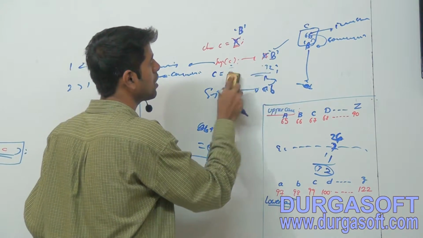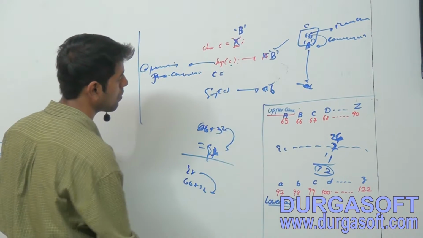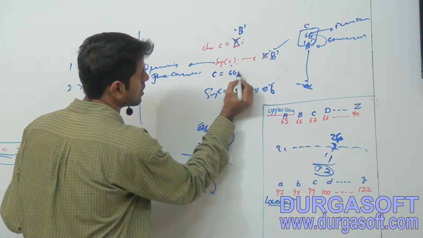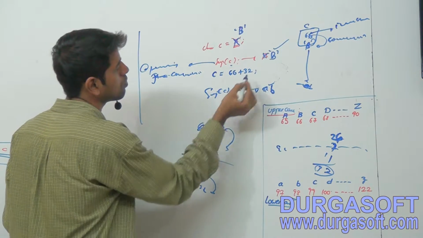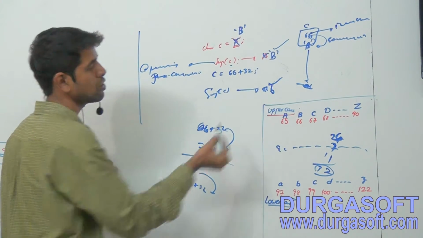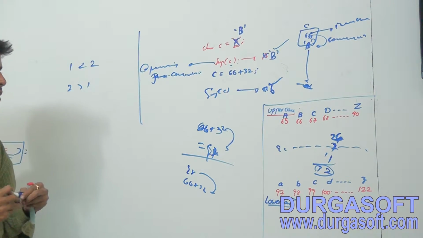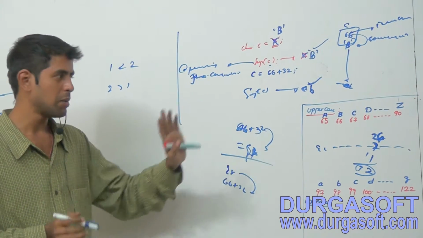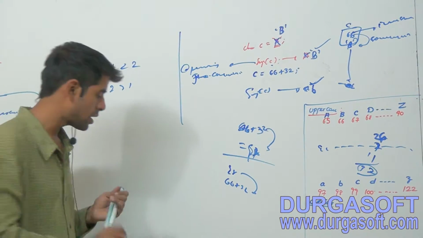Now observe here, what I am going to do, friends: 66 plus 32, both are the same. If I print, it will give small b. In that way you can achieve it. I just want to tell only one thing.